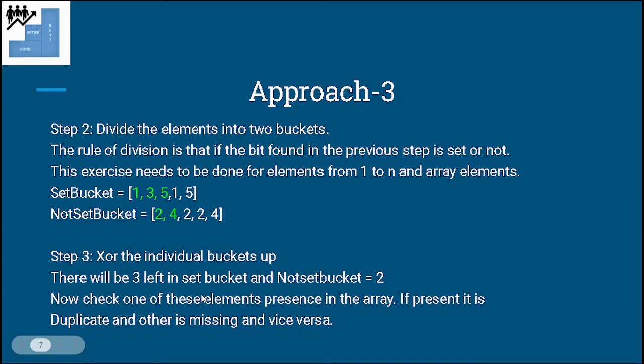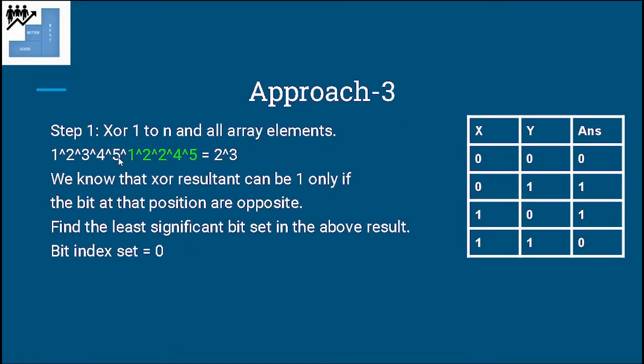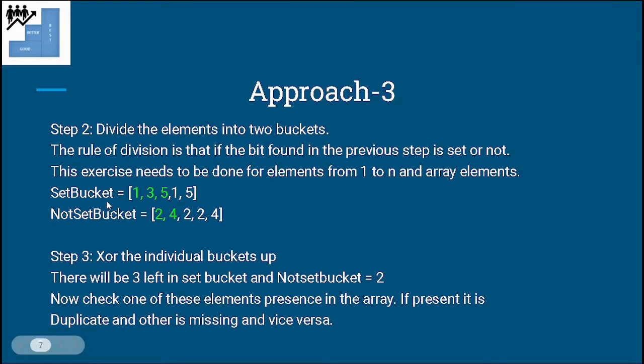Okay, now the second step is to divide 1 2 3 4 5, which is 1 to n, and the array, based on this bit being set or not set. For example, in 1 2 3 4 5, we have 1, 3 and 5 in which the first bit is set, and 2 and 4 in which it is not set.